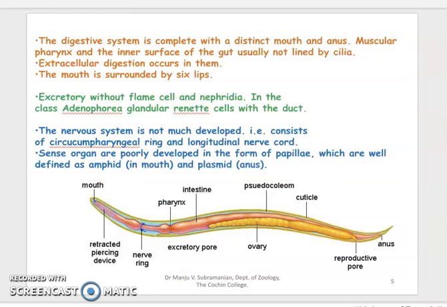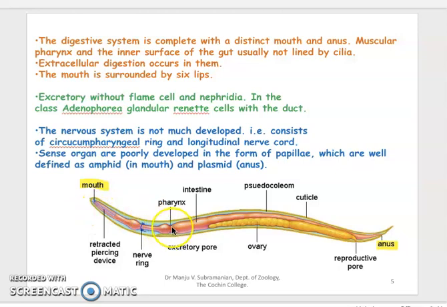Then when we go into the detail, the digestive system is complete with a distinct mouth and anus. You can see a distinct mouth here, and at the other end you can see an anus. The muscular pharynx and the inner surface of the gut are usually not lined by cilia.